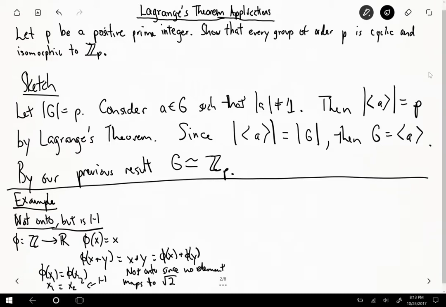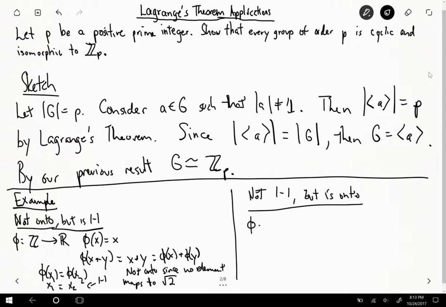So if you want to see one that is not one-to-one, but is onto, we'll see this map later.